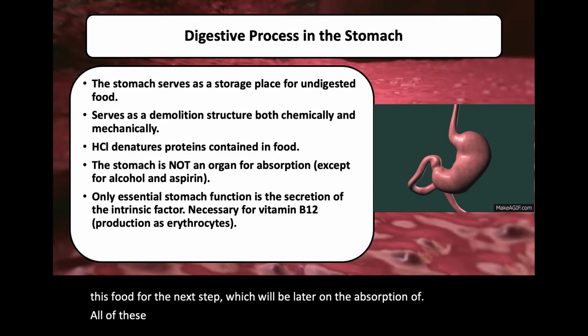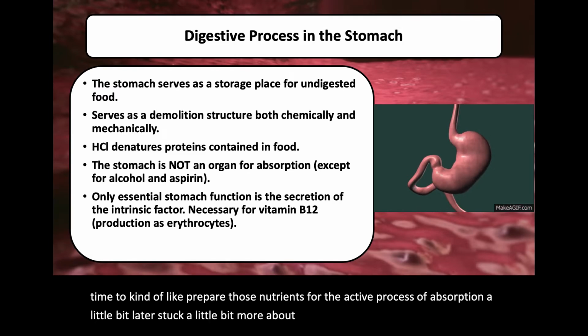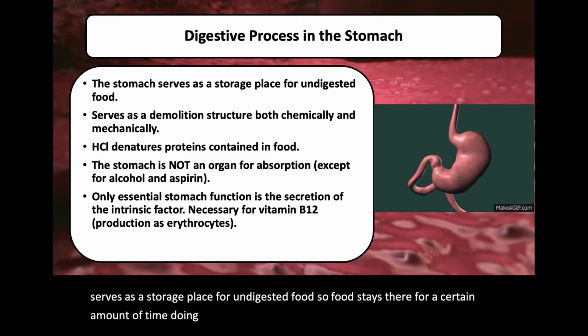So the body takes a lot of time. It takes a really, really long time to prepare those nutrients for the active process of absorption a little bit later. Let's talk a little bit more about this digestive process. The stomach serves as a storage place for undigested food, so food stays there for a certain amount of time, doing this peristaltic movement, this wave movement of mixing the food with the acid.